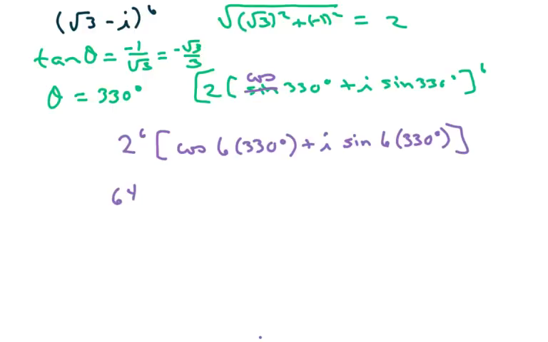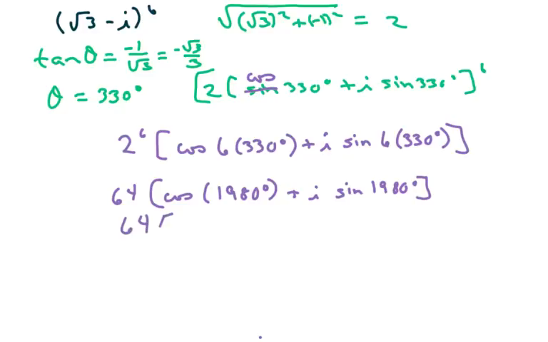And then we have cosine of 1,980 degrees plus i times sine of 1,980 degrees. When you make this coterminal, when you keep subtracting 360s, you're going to get 180.